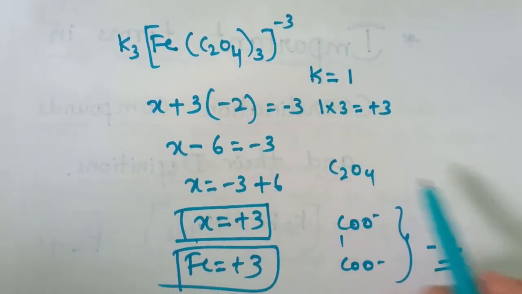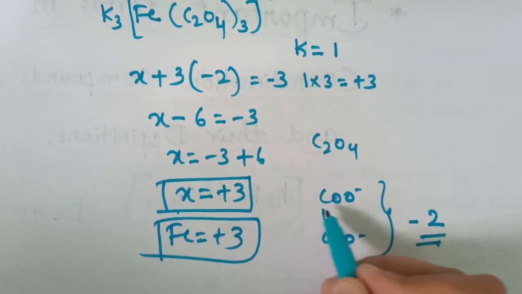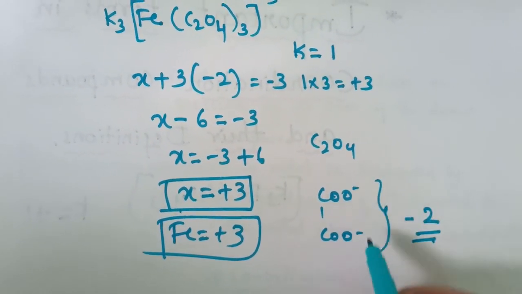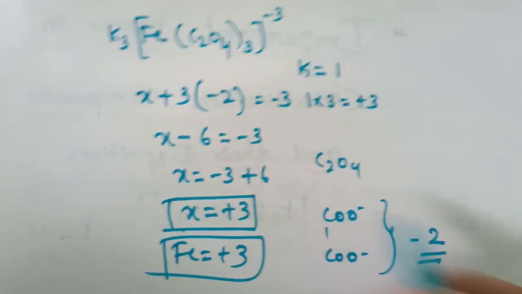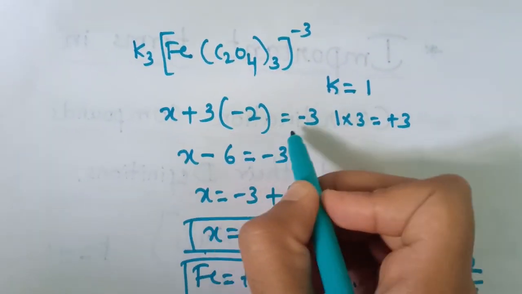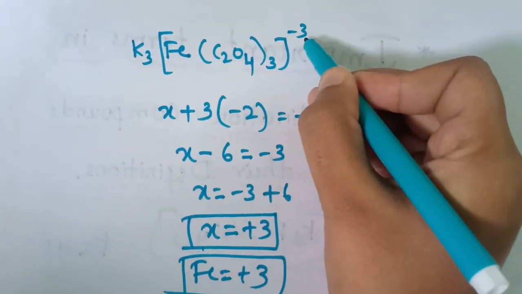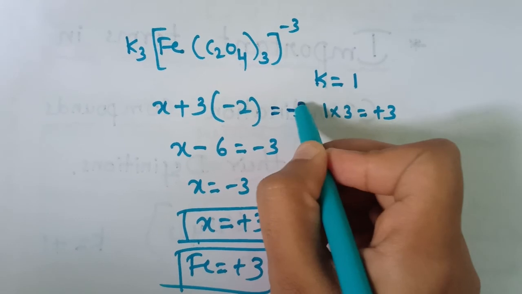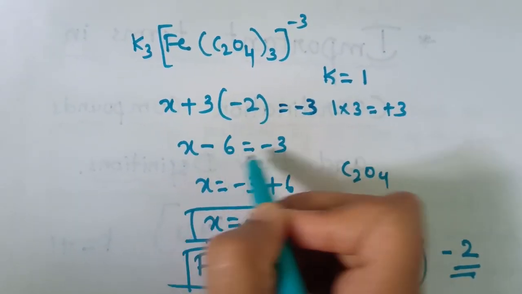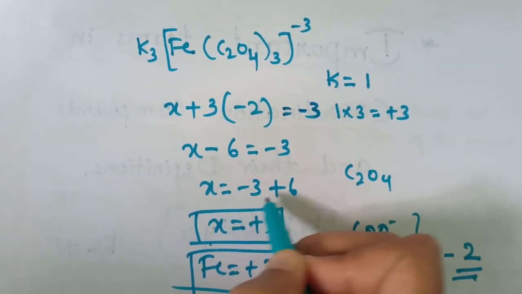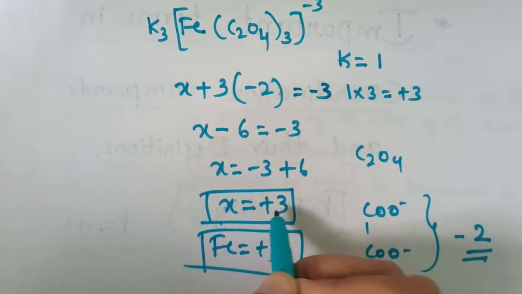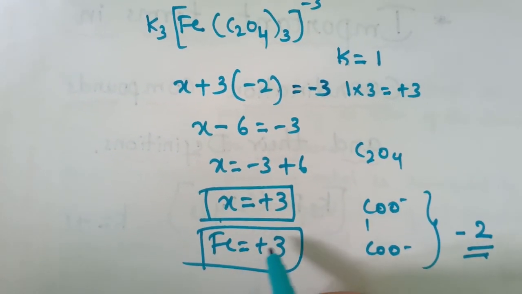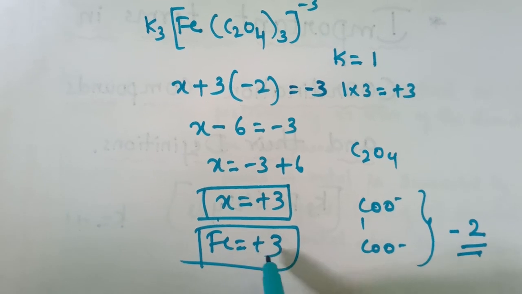And minus 2 means here COO, COO. Each COO consists of minus 1 and minus 1. It totally becomes minus 2. That's why 3 into minus 2 is minus 6, and the charge on the complex ion is minus 3. X minus 6 equals minus 3. X equals minus 3 plus 6. X equals plus 3. That is, the oxidation number of Fe is plus 3 here.